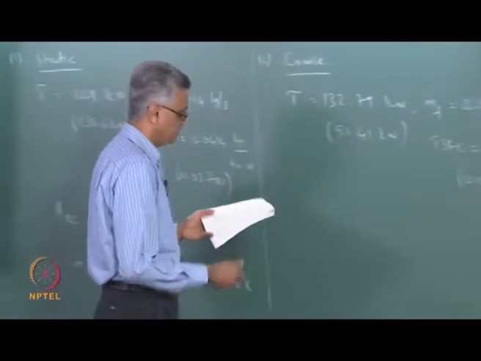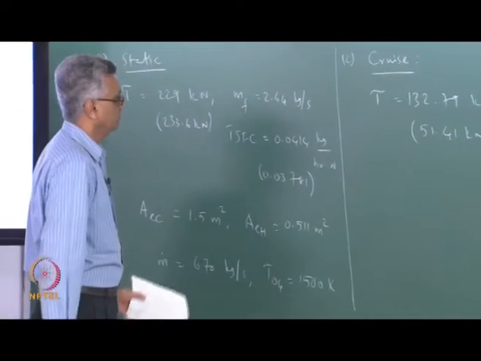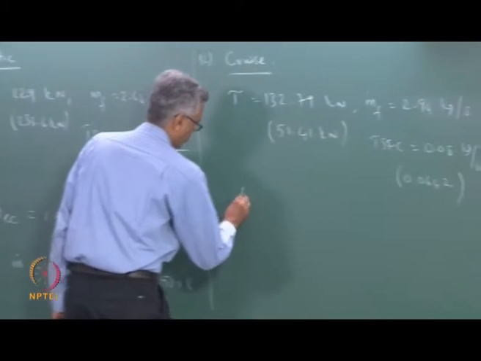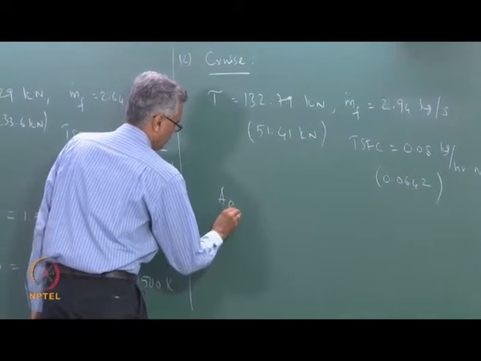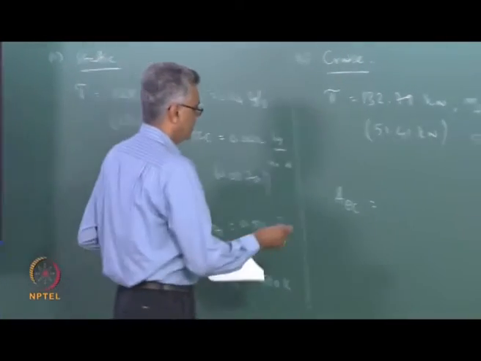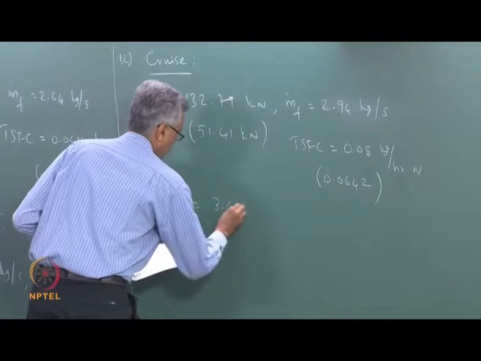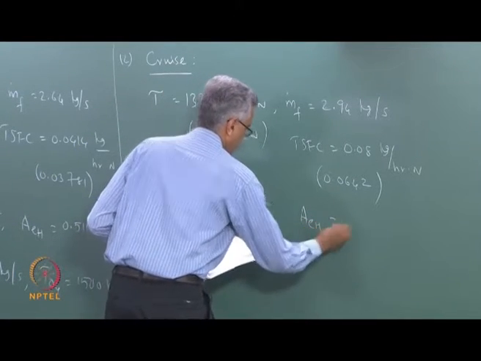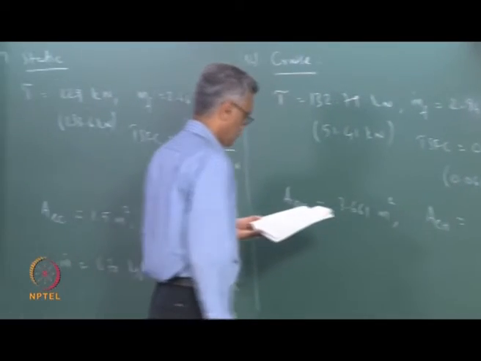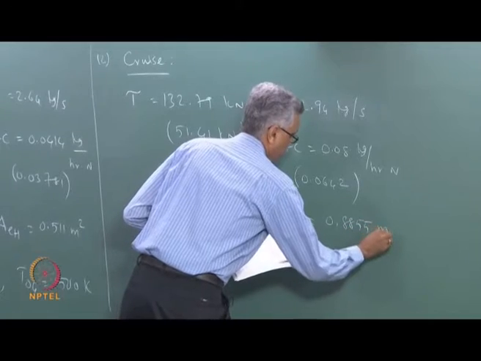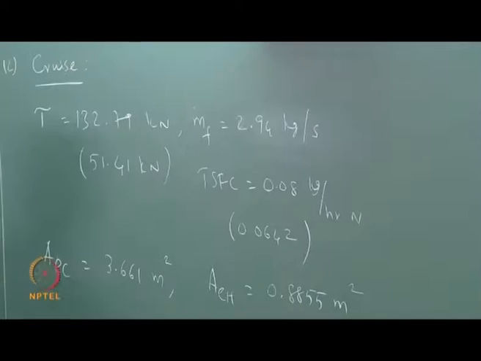So the comparison for TSFC is also quite poor. When we calculated the areas of the nozzle for the same mass flow rate, we obtained the cold nozzle area to be 3.661 meter square, and the hot nozzle area to be 0.8855 meter square.